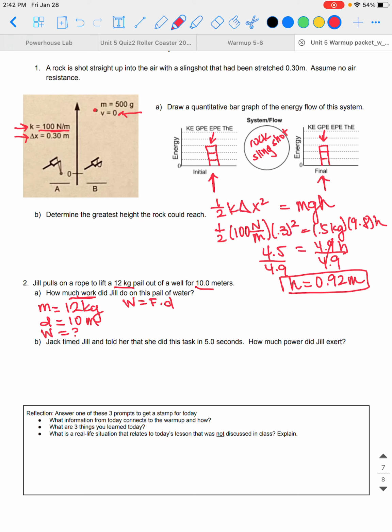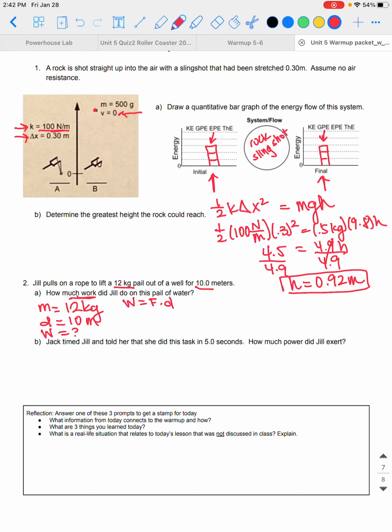So in order to understand what force we're supposed to use, we need to think about the situation. A rope is pulled. We can assume it's pulled at a constant speed, and therefore the force of gravity pulling down on the pail is going to be equal and opposite to the force of the rope pulling the pail up.